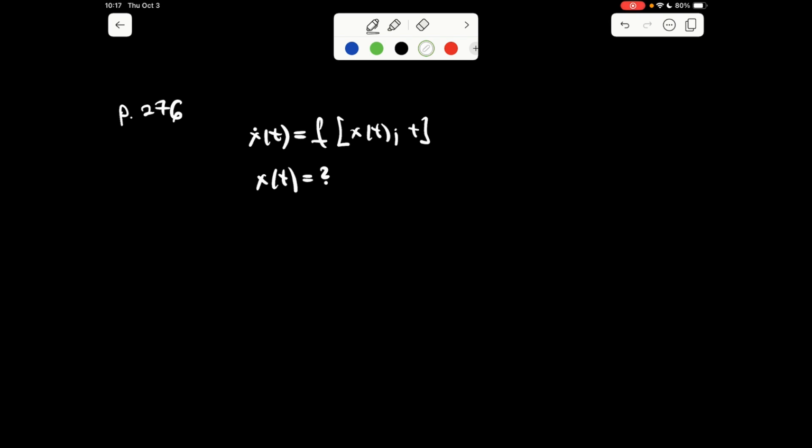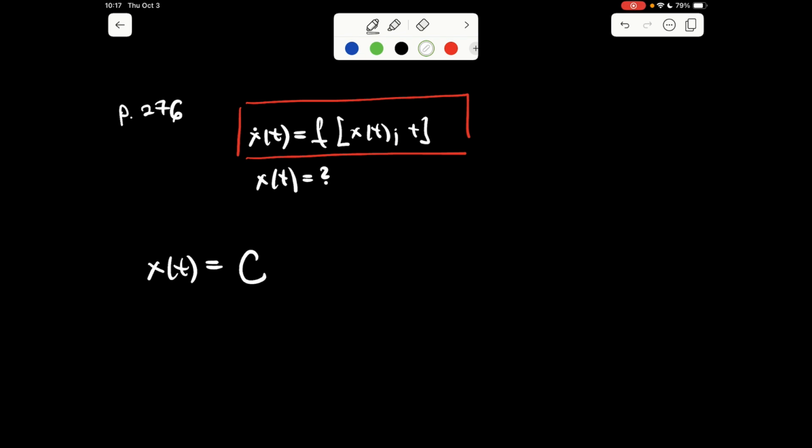We need to find a function that we can differentiate with respect to t, and we receive this function. Actually, if we have this function, thinking backwards, this is a general constant c.